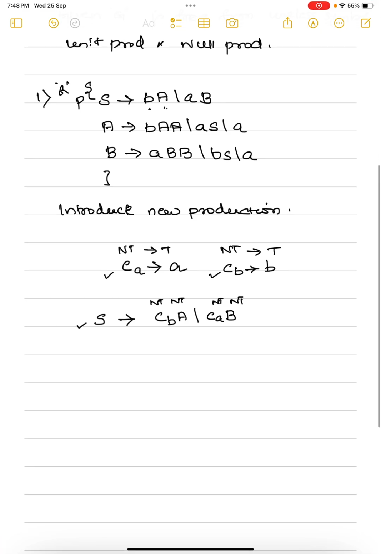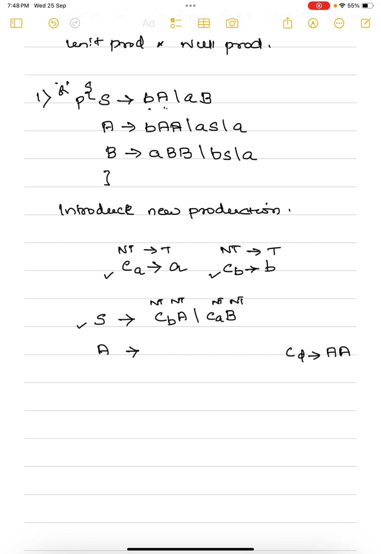Now coming to the next production, A tends to BAA. Now for this b, if I introduce C_b, it's not going to solve my purpose because I'll have three non-terminals, C_b A A. I should have only two non-terminals. So here again I need to introduce another new production. Let C_D equal AA.